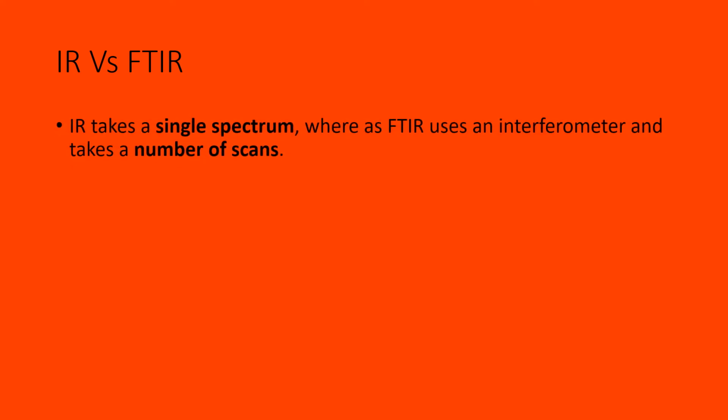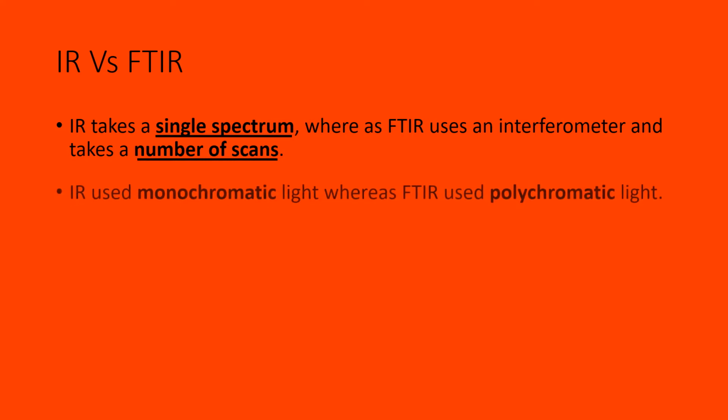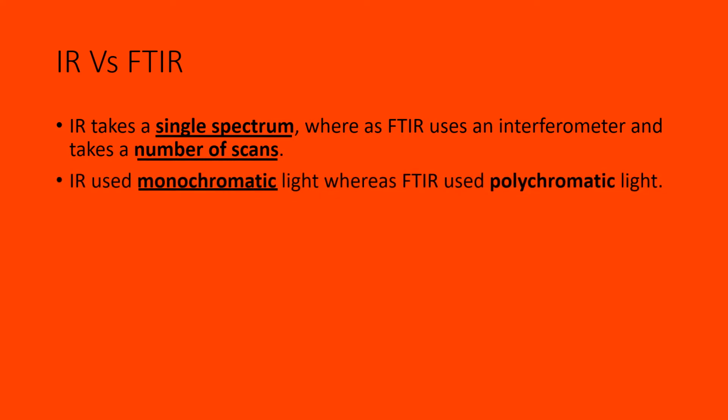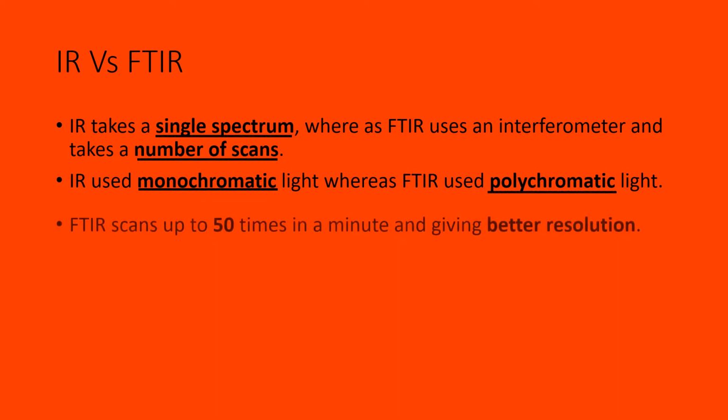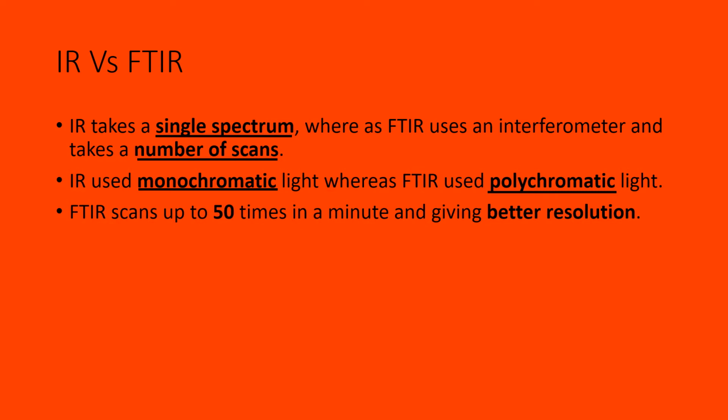IR takes a single spectrum, whereas FTIR uses an interferometer and takes a number of scans. IR uses monochromatic light, whereas FTIR uses polychromatic light. FTIR scans up to 50 times in a minute, giving better resolution.